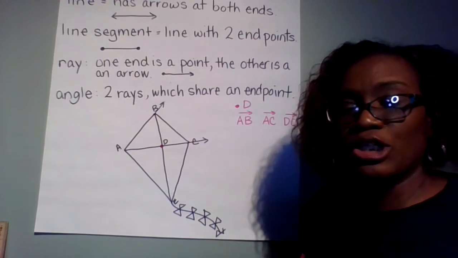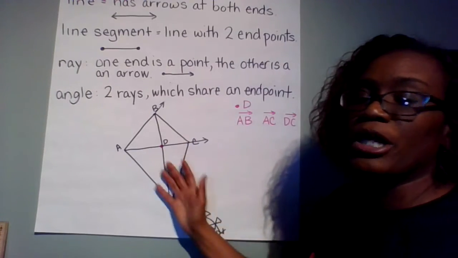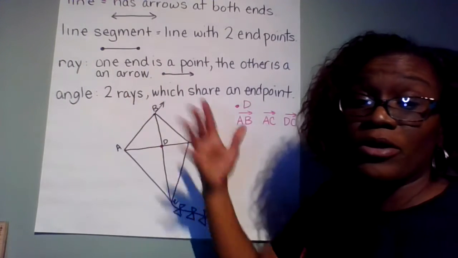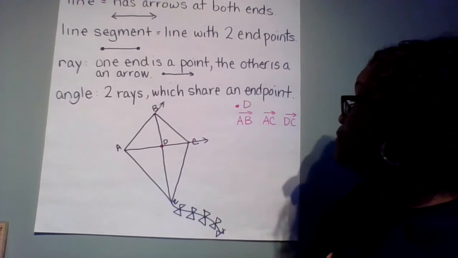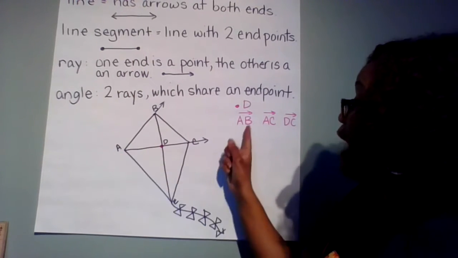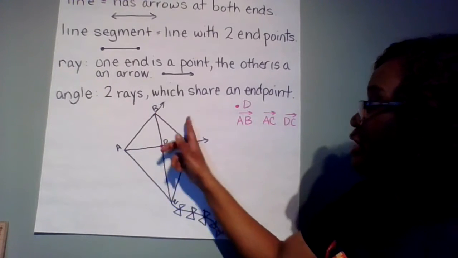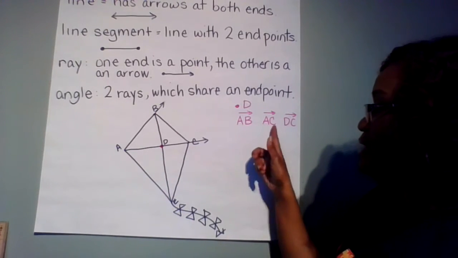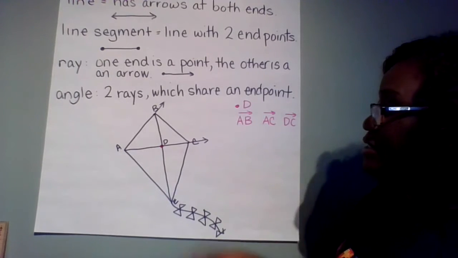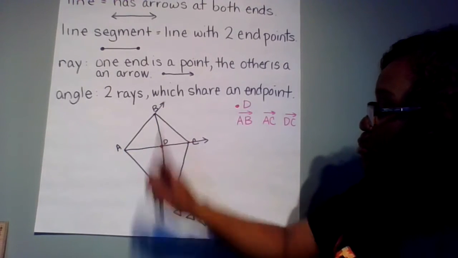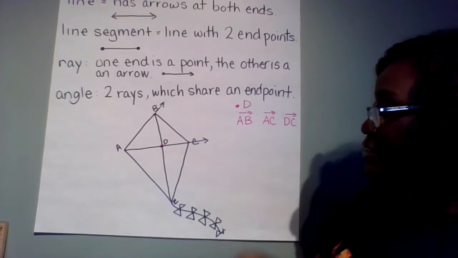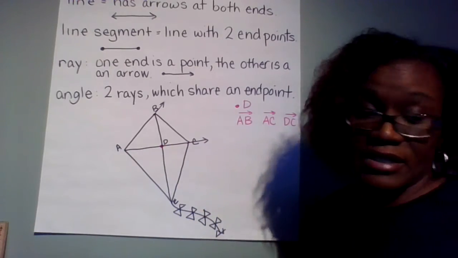And we're always going to use capital letters when we are naming our lines or segments or points. And then for a ray, I could say ray AB, ray AC, or ray DC.